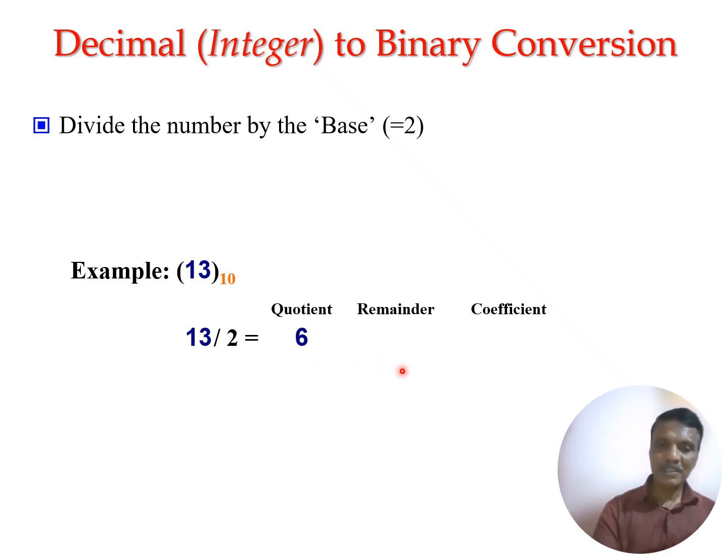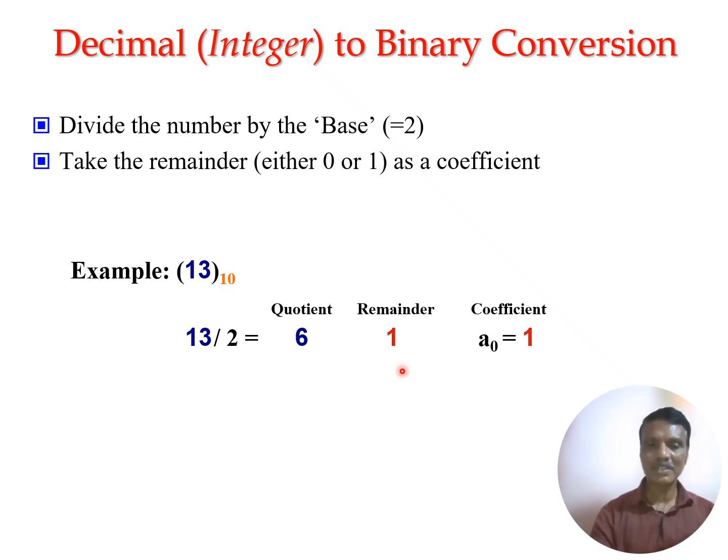That remainder is taken as the first coefficient, which we represent as A0 for identification.